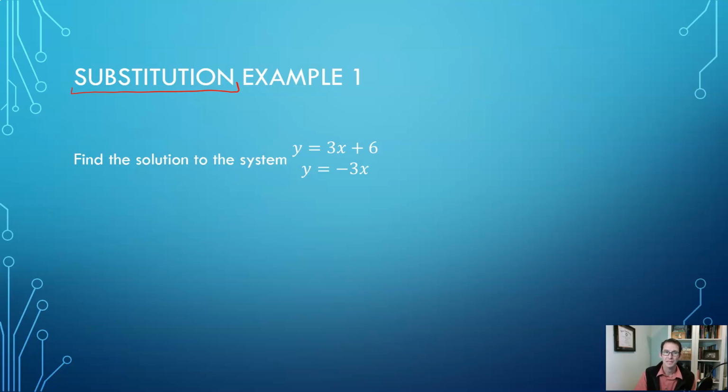In this case, I'm going to take my top equation and replace the y in that equation with the negative 3x in the second equation. Thus we call it substitution. So negative 3x equals 3x plus 6.